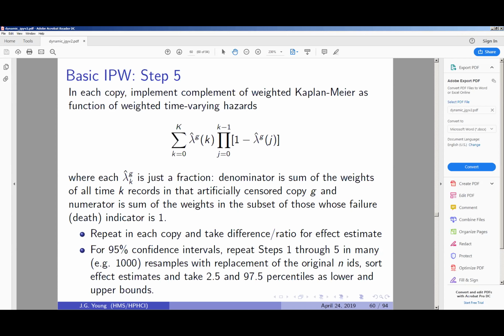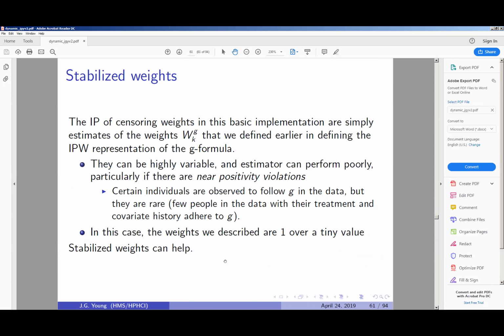It's not terribly hard to get analytic confidence intervals for each of these lambdas. It gets a little messy to get it for this whole function, so I tend to use the bootstrap. And that's the basic IPW.